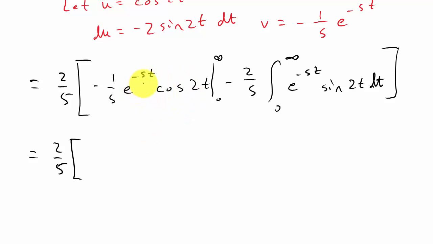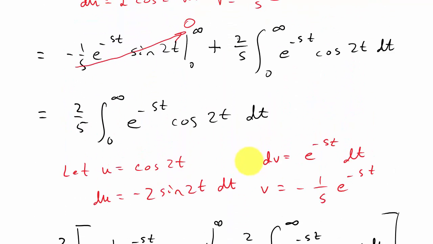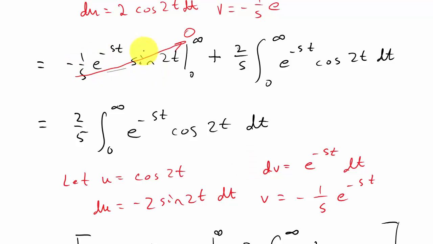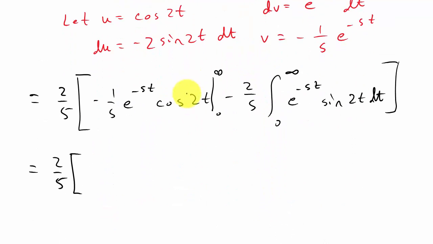So as t goes to infinity, well, that's going to be the same argument that we had here when we did this as t goes to infinity. Just like sine, cosine is going to be going back and forth from negative 1 to 1, and then this is going to get really big in the denominator, so that's going to go to 0.